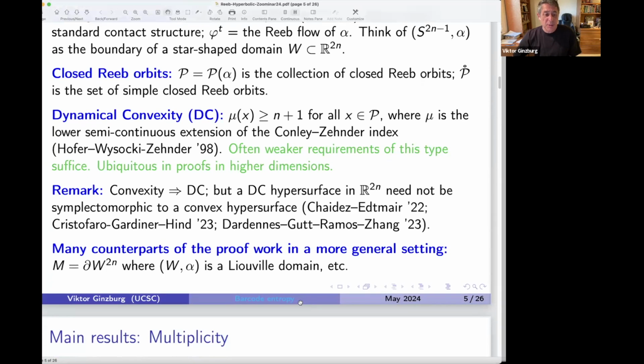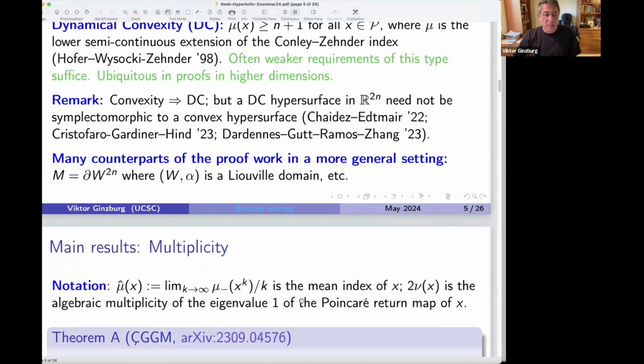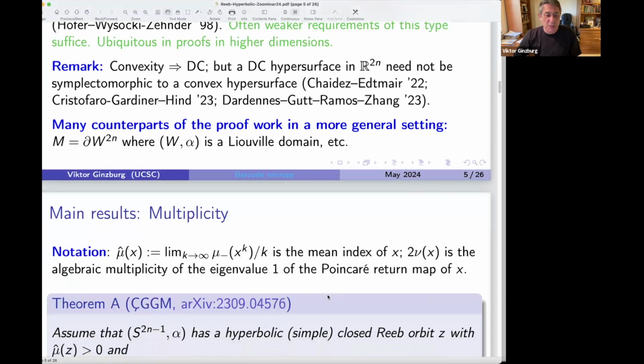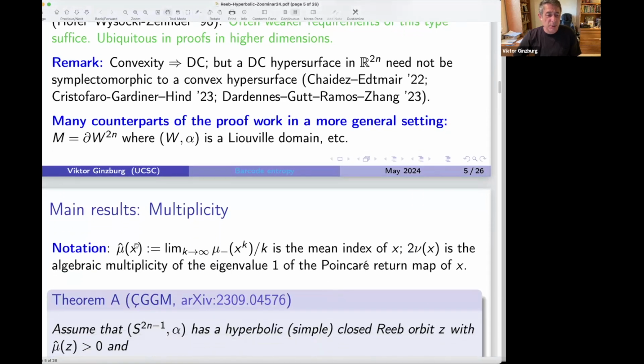So the first result we will talk about is multiplicity. There are a couple of extra ingredients I need here to state the result. The first one is the mean index. This is just the index of the iterates divided by the order of iteration, and then the limit is taken.